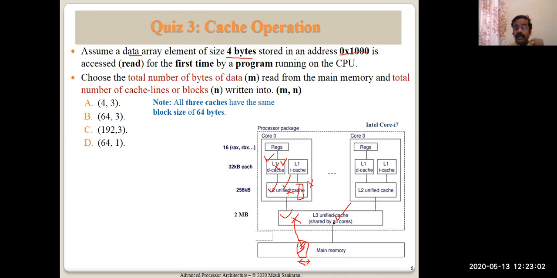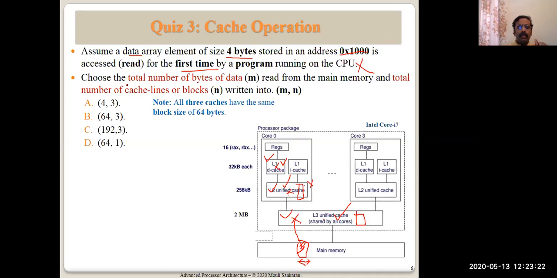So if it was earlier accessed, it may be available here. Now I am saying it is accessed for the first time, so it is not likely to be available anywhere. I'm just saying that it is not there anywhere. So it has to get it from main memory.